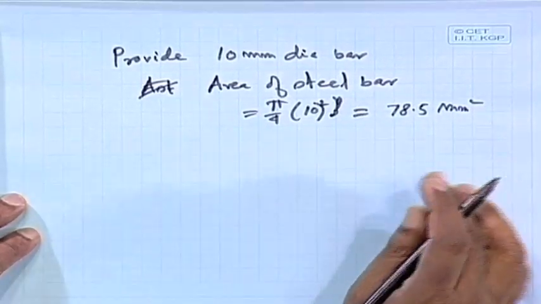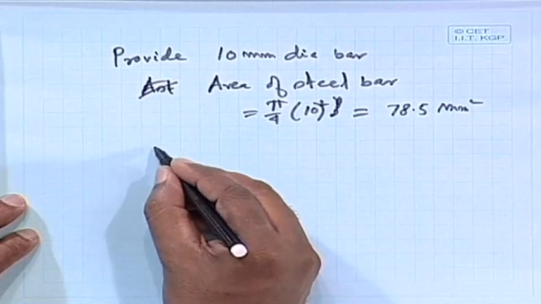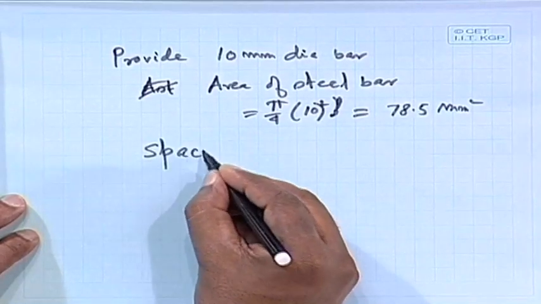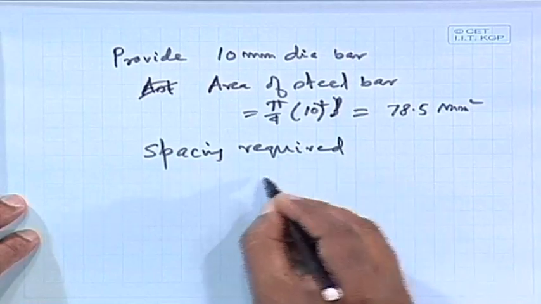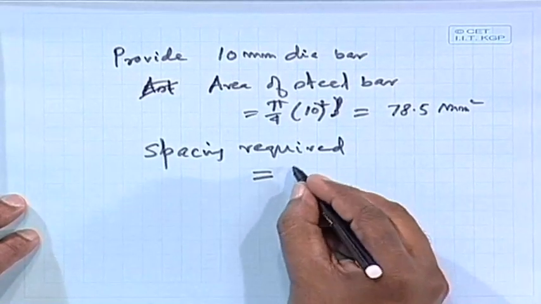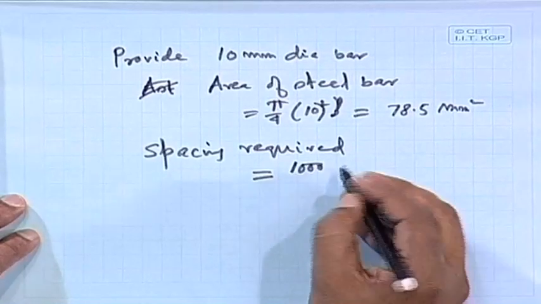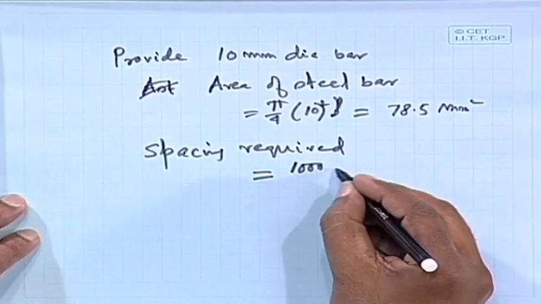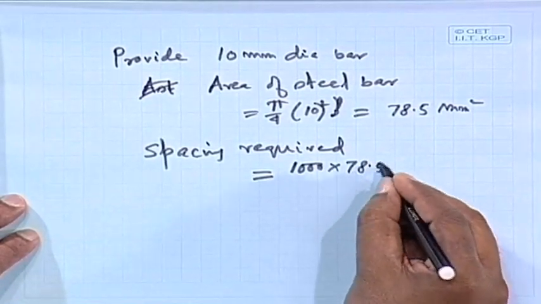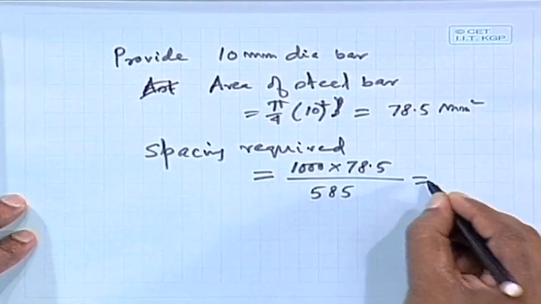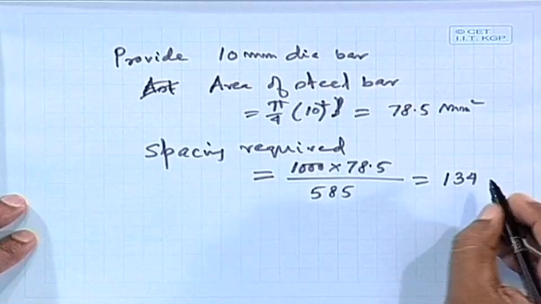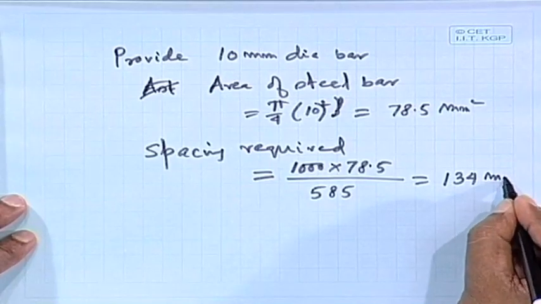So, spacing required equals 1000, because we have to calculate on the basis of 1000 millimeter per meter width, times 78.5 divided by 585, which comes as 134 millimeter.